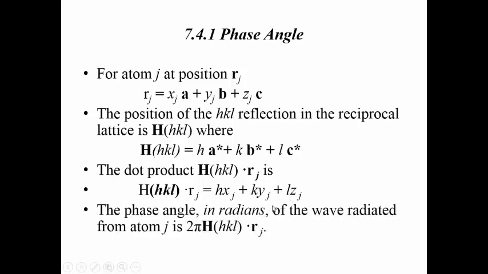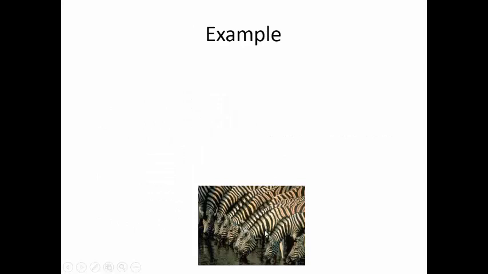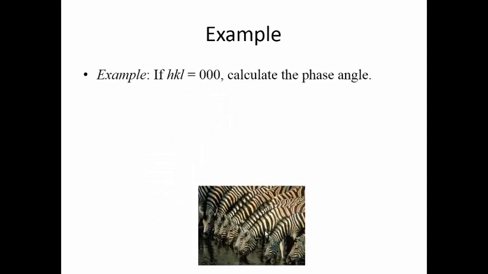And the phase angle in radians of the wave radiated from atom j is 2 pi times H dot R. Let's look at a few examples. We have two places where we have a lot of zeros and everything cancels out. One is if H, K, and L are all 0.